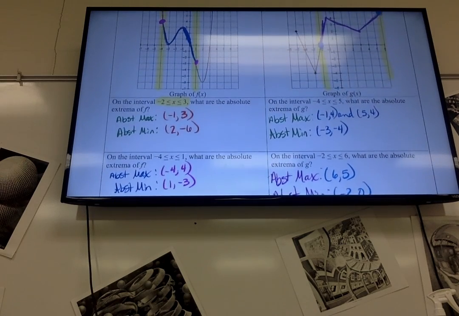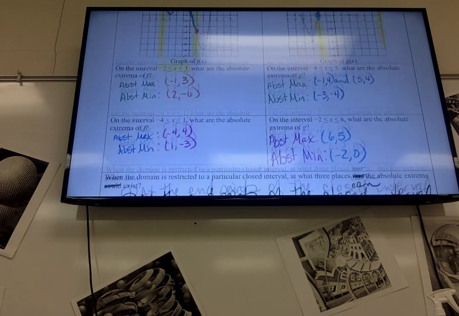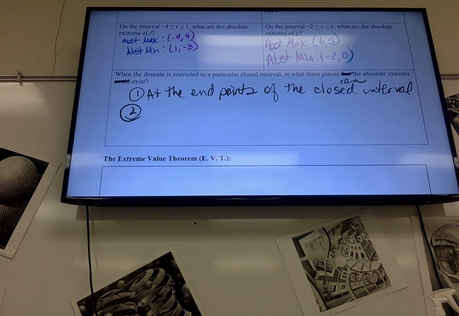Where else? Yeah, the relative max and min, which those technically are found by f prime of x equaling 0.